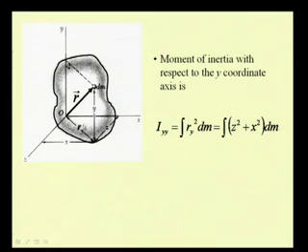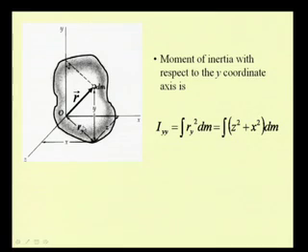This quantity, that is r y, is the projection of this vector on this x z plane, which gives the distance of this particle from the y axis. So, we have integral r y square dm. This gives the second moment of this mass with respect to the y axis.